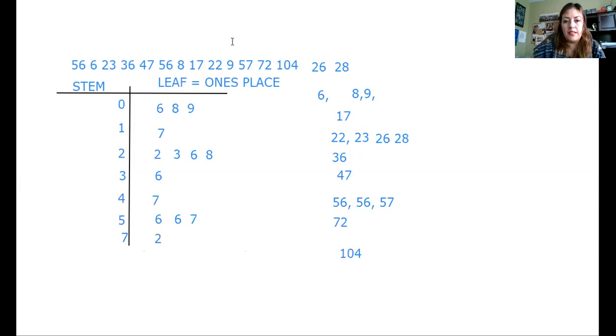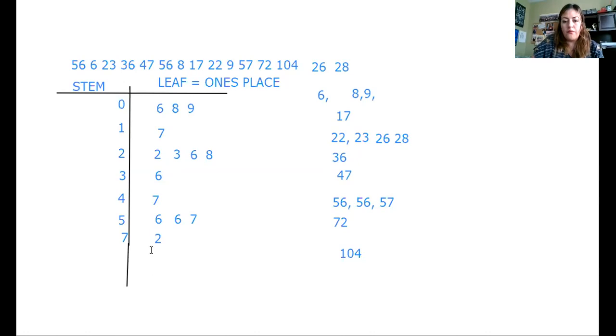So look at what happens. Let me see if I can make this line a little bit bigger. There you go. Okay, so now my last digit, it's 104. So remember, under the leaf, you should only have the ones place. So in the digit 104, the 4 is under the ones place.